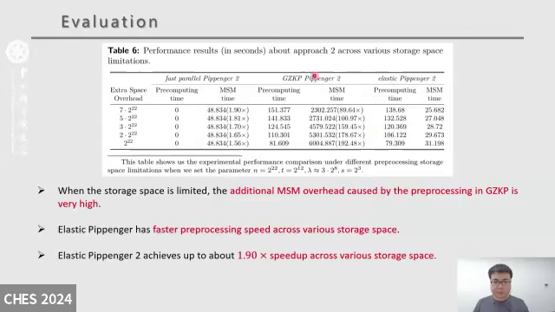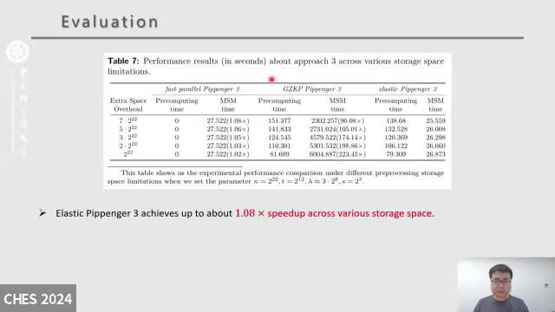And from these two columns, we can see that elastic Pippenger has faster preprocessing speed across various storage space. And from these two columns, we can see that elastic Pippenger 2 achieves up to about 1.9 times speedup across various storage space.